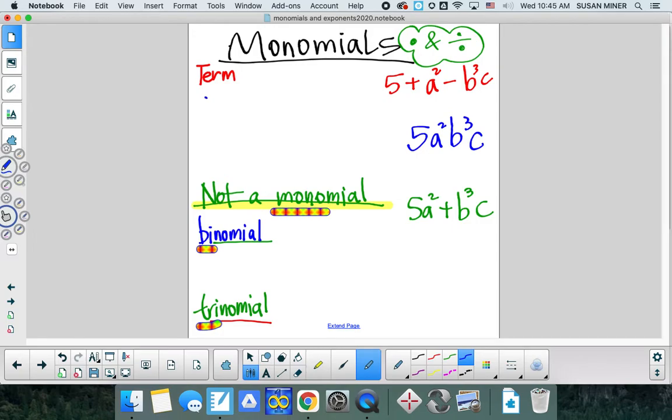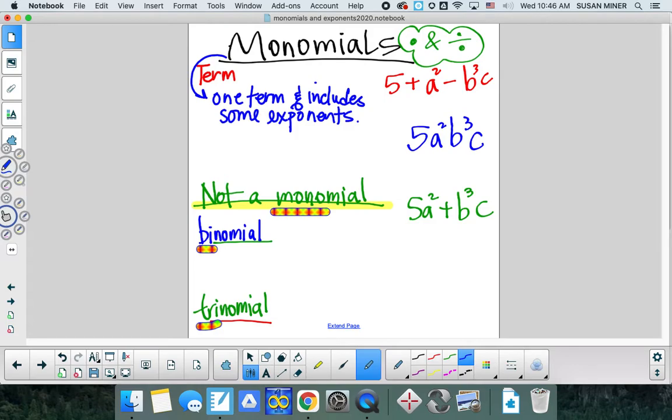A monomial, then, is one term, and it includes some exponents. So a monomial is just one term, and it includes some exponents.